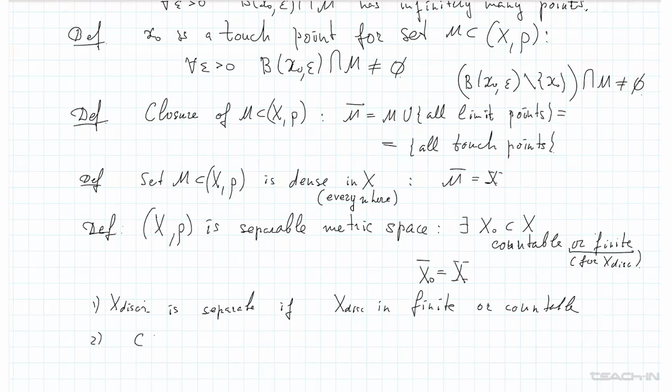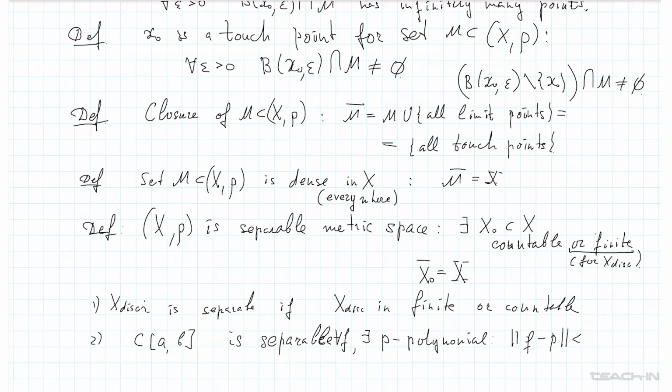Second example, what can you say about the space of continuous functions? For simplicity, the real valued functions. I think it's separable. Why? You can take polynomials as an approximating set. By Weierstrass, there exists a polynomial with rational coefficients such that for any f the norm is less than epsilon.